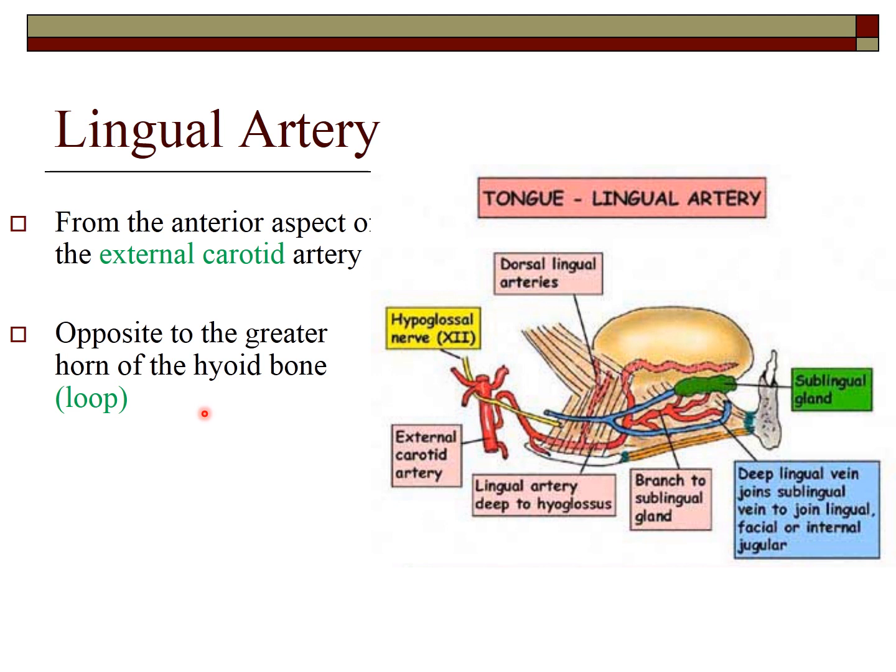It is divided into 3 parts by the hyoglossus muscle. This is the first part before it reaches the muscle, the second part deep to the muscle, and the third part after the muscle.